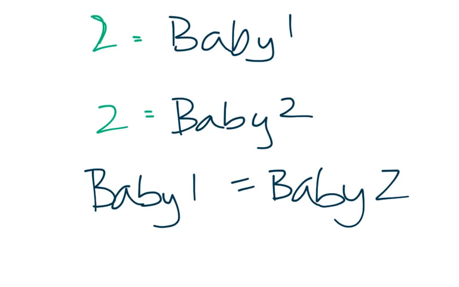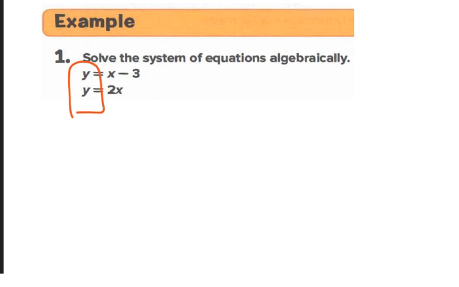And that's really the concept that we're using here. They tell us that assuming, let's just pretend that this is a baby and this is a baby, they're both y. They're both y years old at all times. Whatever y is, they're both that same thing. So at all times, they're both equal in age.